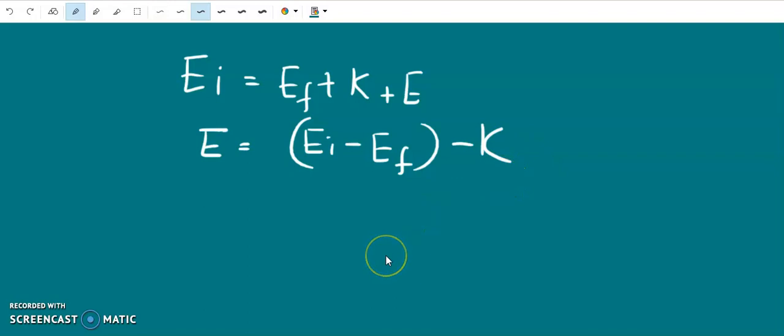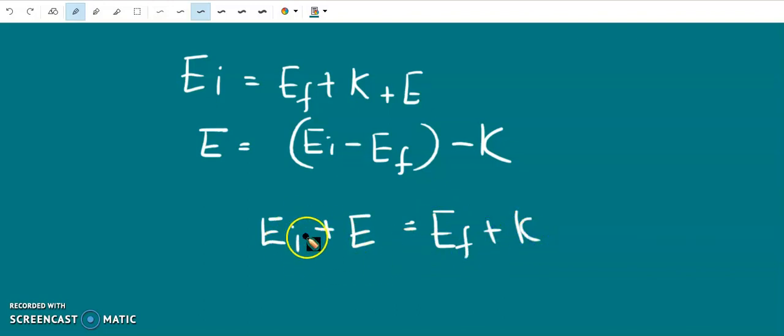Now consider the reverse process where the atom absorbs a photon of energy E. Suppose the atom is initially at rest, it must have a small recoil kinetic energy in order to conserve the momentum. So the law of conservation of energy requires that EI plus E, the energy of the atom plus the energy of the photon before the process, is equal to EF plus K. Here the momentum is the photon momentum only, and therefore there is a momentum after the process, so there is a recoil kinetic energy associated with this.